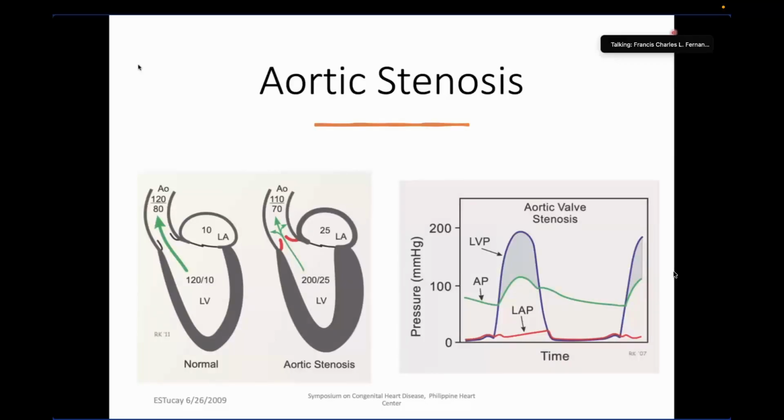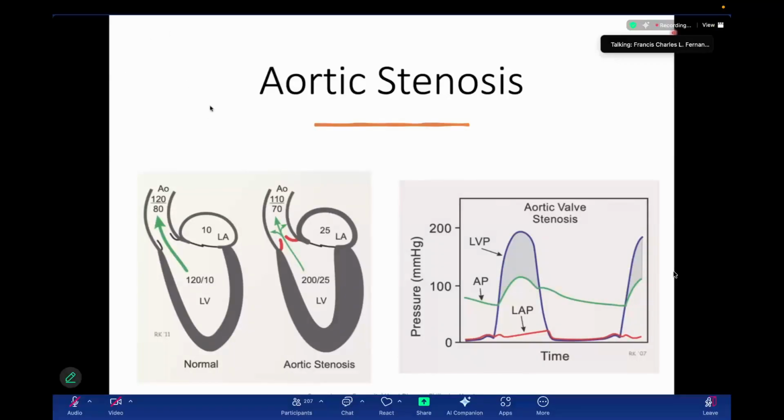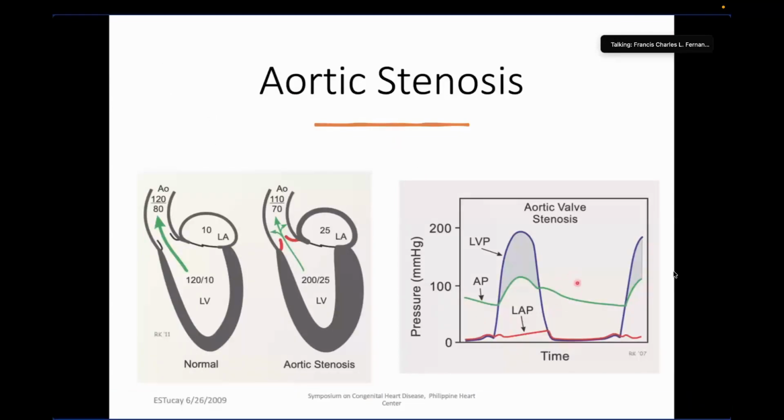Now, how does it look when you translate this into hemodynamics, meaning in the cath lab, where you're able to transduce? You can look at the left side gradient here, the pressure from 0 to 100. This is what we call the 200 scale. The blue line is the left ventricular pressure.